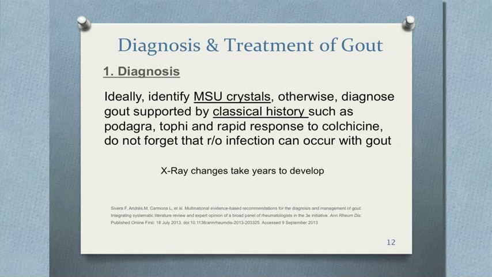Ideally, I mentioned that you would have a microscope to identify the monosodium urate crystals, but otherwise the diagnosis has to be supported by the history. Now men, almost all men will initially have an attack of podagra, which is intense pain that starts in the great toe.